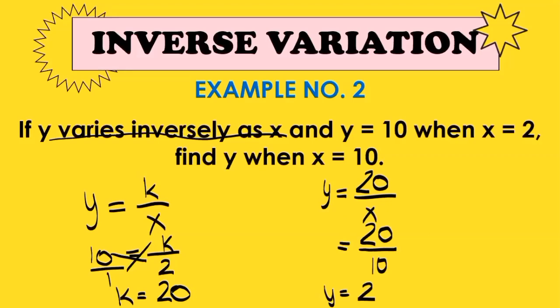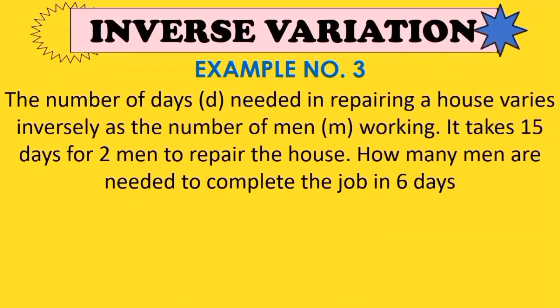Now let's proceed with a problem that involves inverse variation. The number of days d needed in repairing a house varies inversely as the number of men working. It takes 15 days for 2 men to repair the house. How many men are needed to complete the job in 6 days?